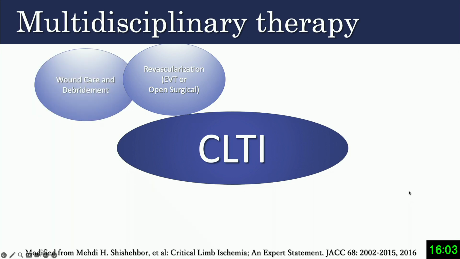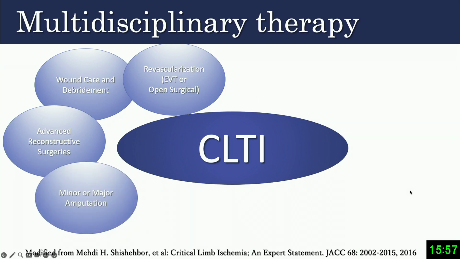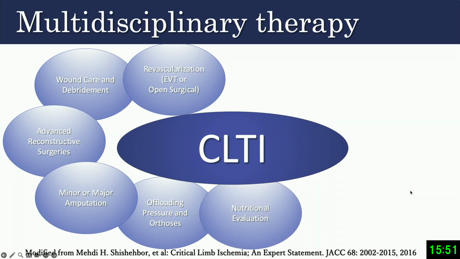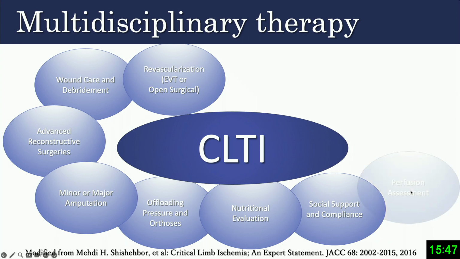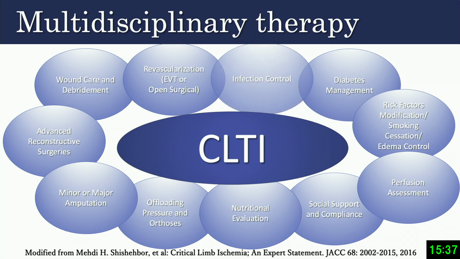The wound care and debridement, advanced reconstruction surgeries, minor or major amputation, offloading pressure and orthosis, nutrition evaluation, social support and compliance, perfusion assessment, risk factor modification, smoking cessation, edema control, diabetes management, and infection control.